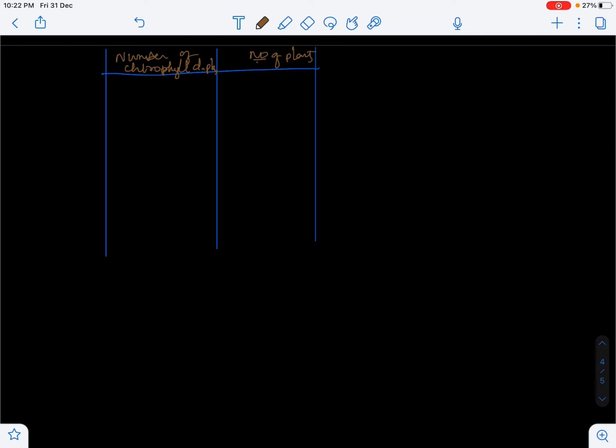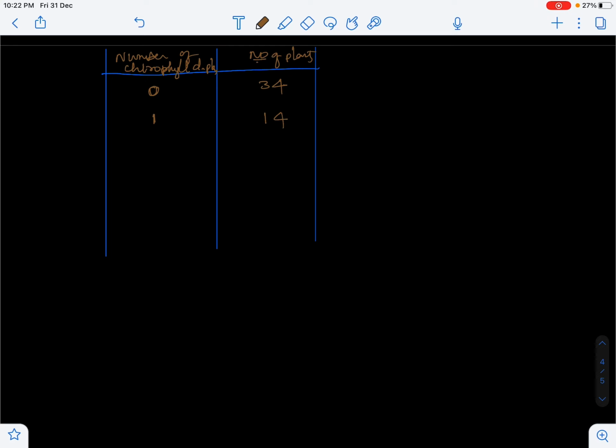The number of chlorophyll deficient plants is 0, and the frequency, those with no deficiency, is 34. The number of chlorophyll deficient plants is 1, the frequency is 14.